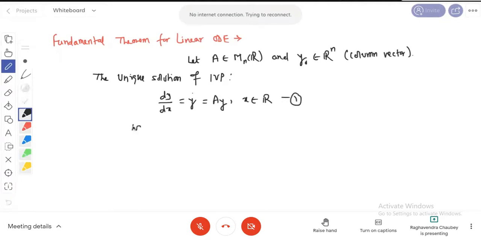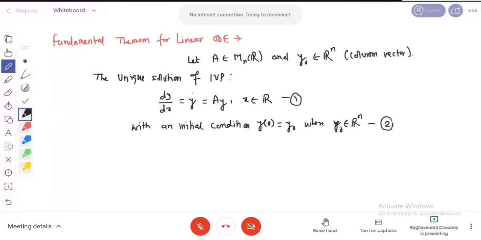with an initial condition y(0) equals y0, where this y0 belongs to R^n. So suppose this is your initial value problem.